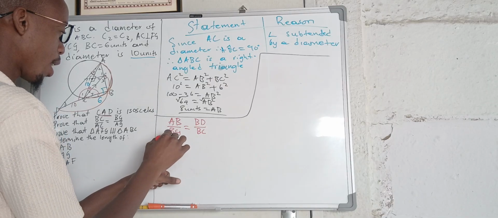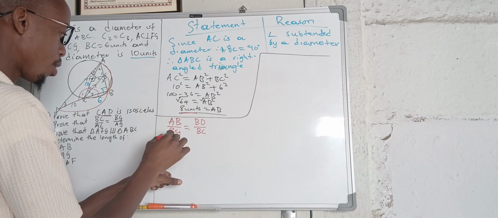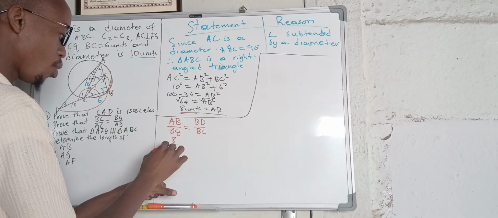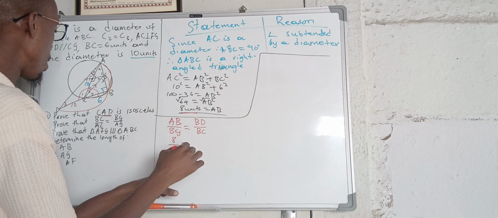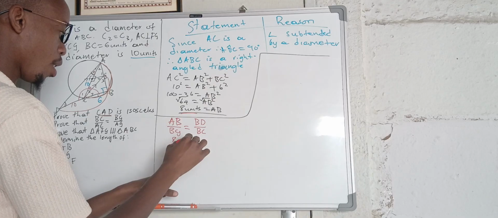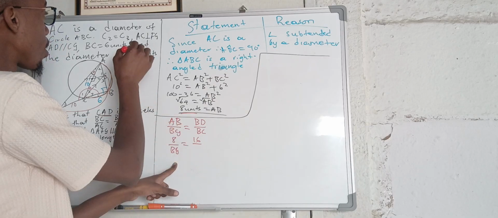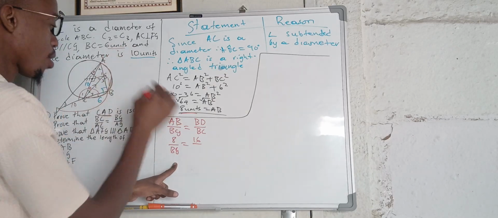What is my AB? I found it as 8 units. Do I have BG? No, I'm looking for it. What is my BD? BD is 16. Do I have BC? Yes, it was given there as 6 units.